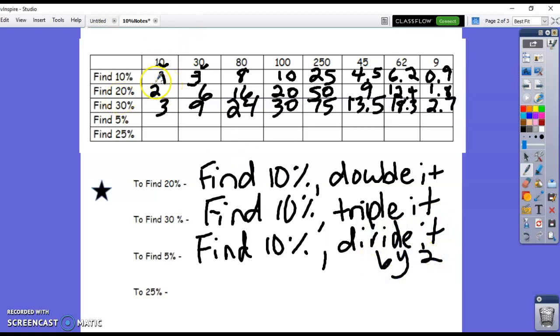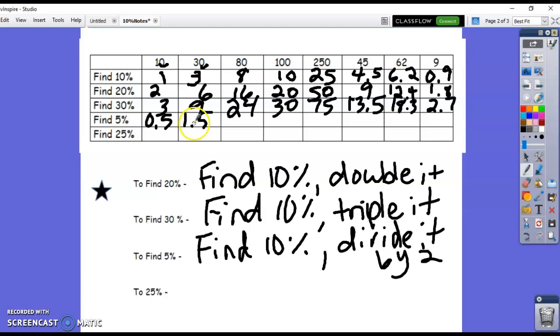So we found 10%, which is 1, if we're talking about 10. So if we take half of 1, that's 0.5 or 1/2. 3 is 10% of 30, so half of 3 is 1.5. So 5% of 30 is 1.5. Stop the video and continue with the rest of the row.